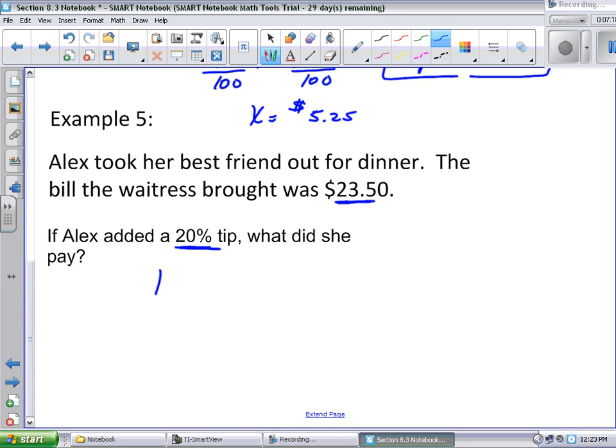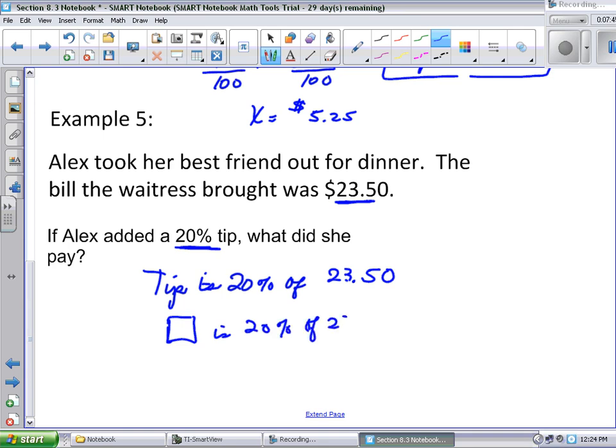Now the tip is equal to 20% of the $23.50. So we're going to have the tip is 20% of the $23.50. So it's going to be x.